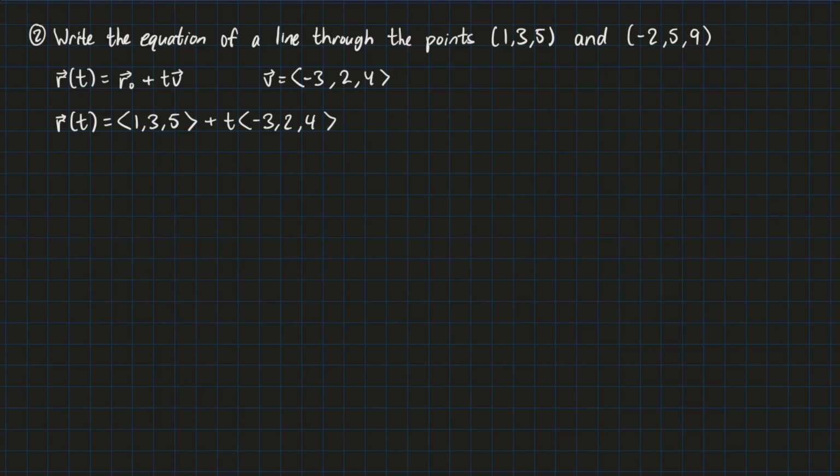It doesn't matter which points we choose as our final or initial, because the scalar t accounts for spanning across the infinite line. For the parametric equations, we separate the equation into the different components. x equals 1 minus 3t, y equals 3 plus 2t, and z equals 5 plus 4t.